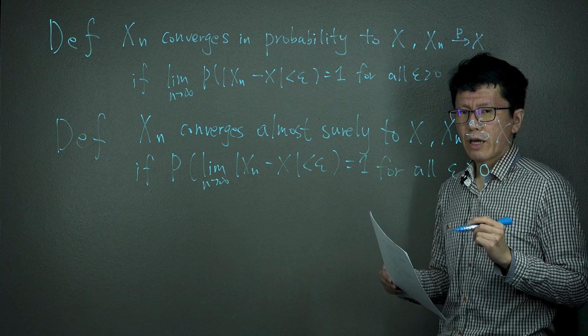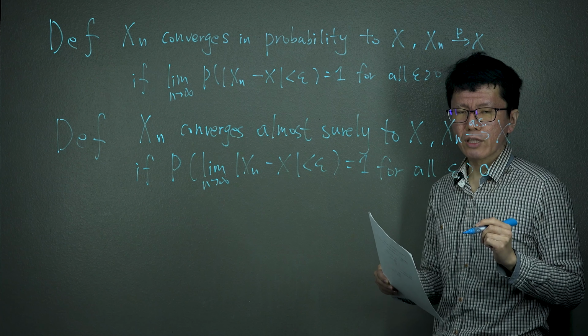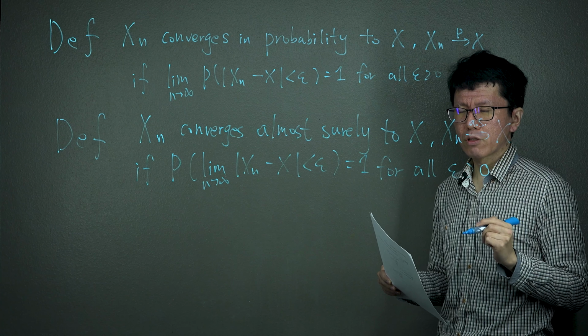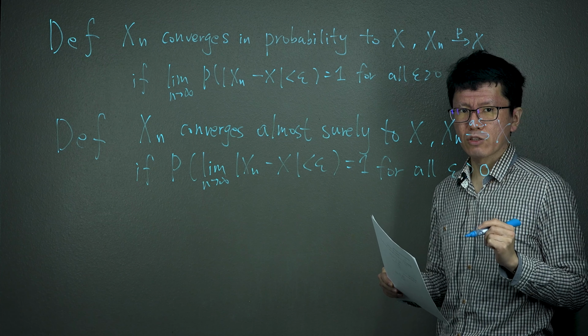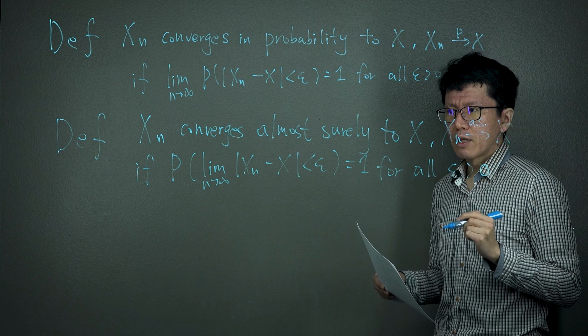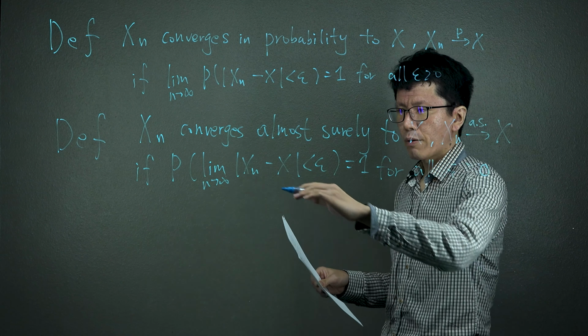Xn converges almost surely to X, and we use the notation a.s. above the arrow to denote almost sure convergence. That is, the probability that the absolute distance between Xn and X converges to 0 is 1.